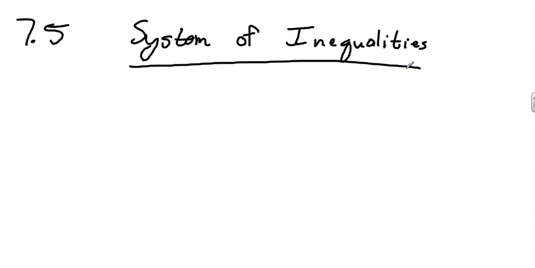And now, before we do anything, let's kind of flash back real quick. If you have y equals mx plus b form, if it was y greater than mx plus b, this would be a dashed line.